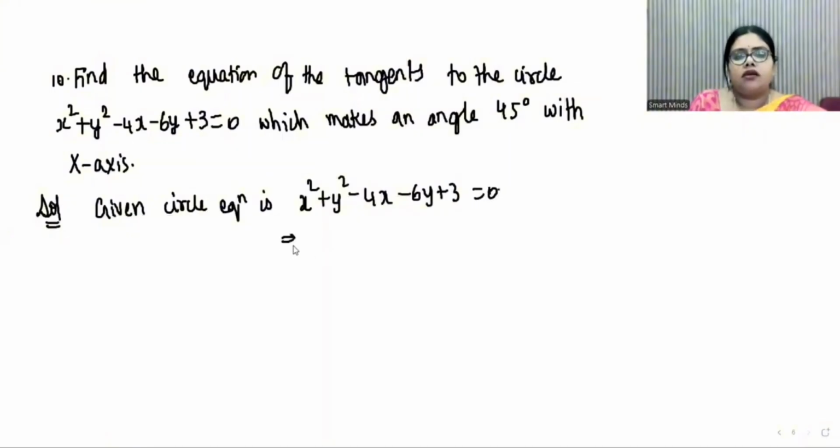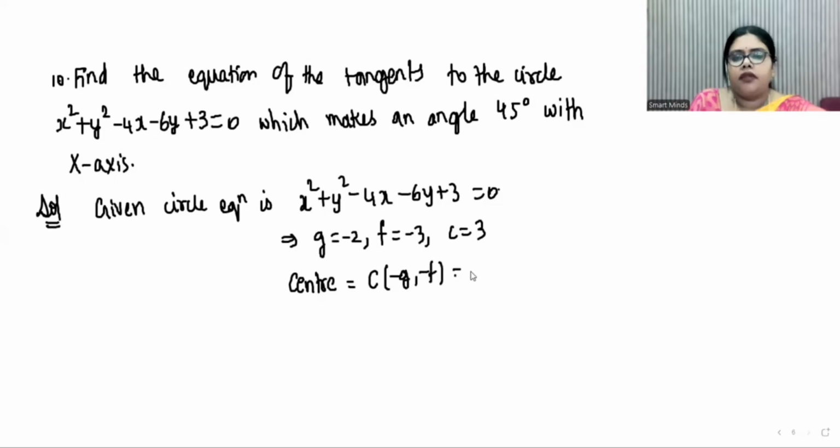Now from this circle equation we will find g, f, c. So g is minus 2, f is minus 3, c is equal to 3. So what is the center? Center is minus g comma minus f, that is 2 comma 3.